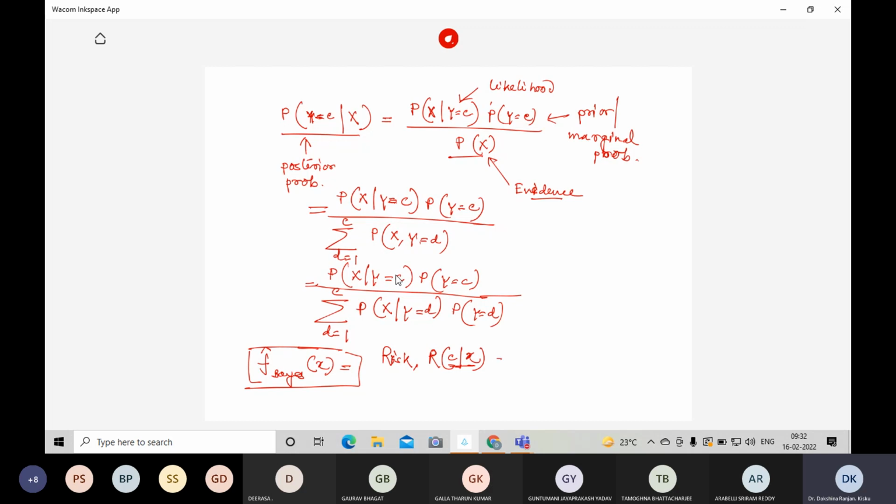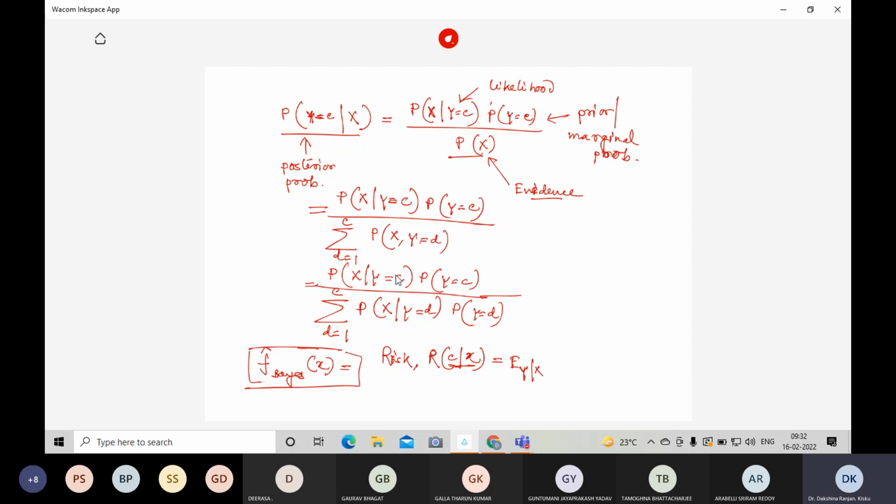So this risk is the expected loss. We will multiply the expected loss with the posterior probability and we will get the risk of this Bayesian classifier.